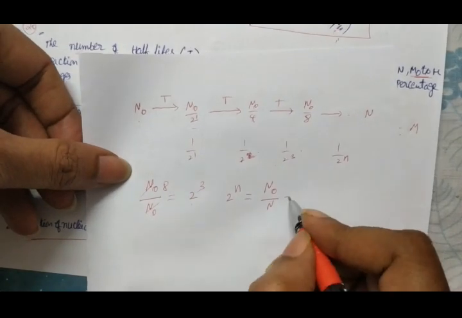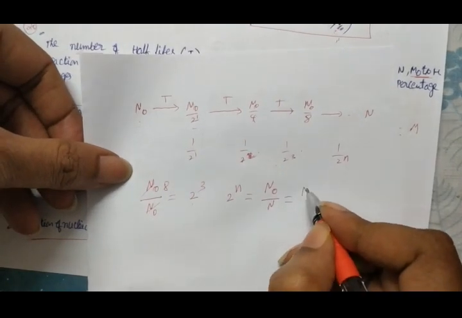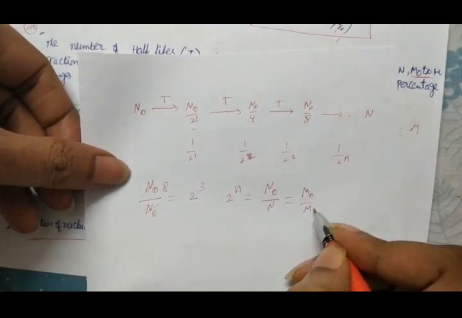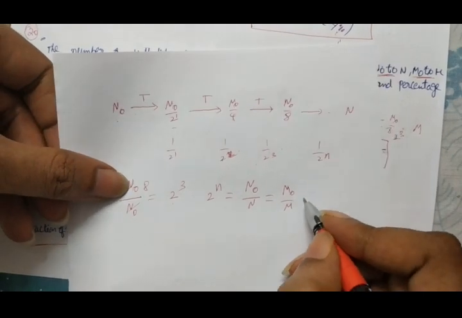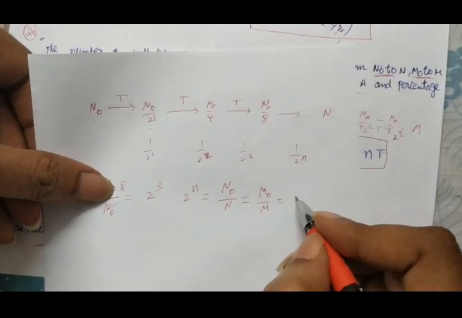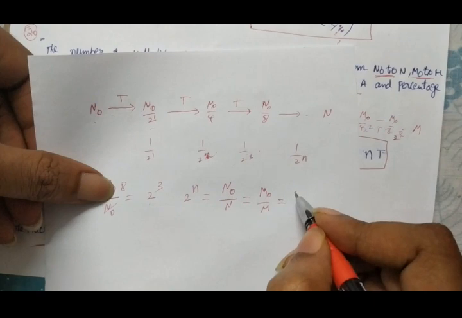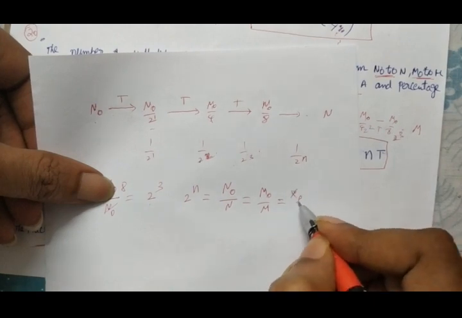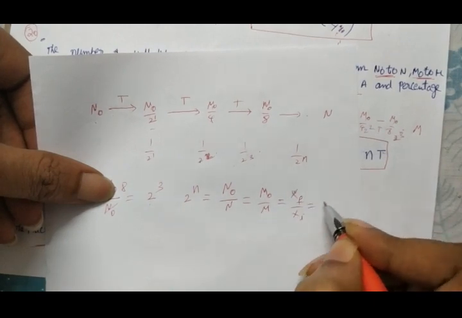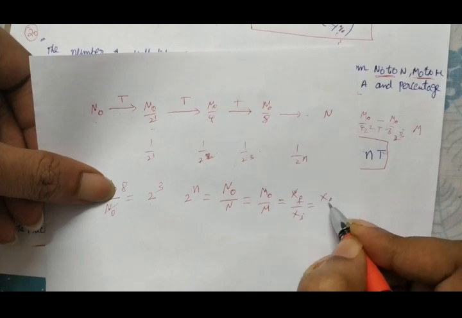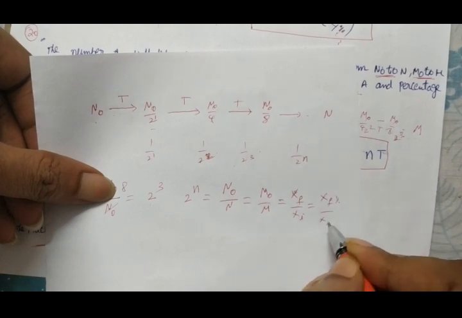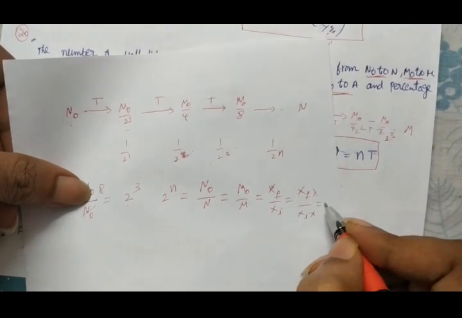A similar concept we can use for M0 by M, initial mass by final mass, and initial fraction by final fraction, that is X initial by X final, or initial percentage by final percentage, or initial activity by final activity.